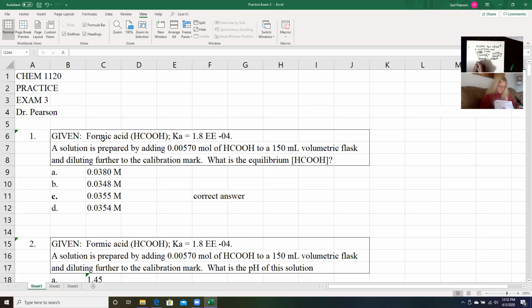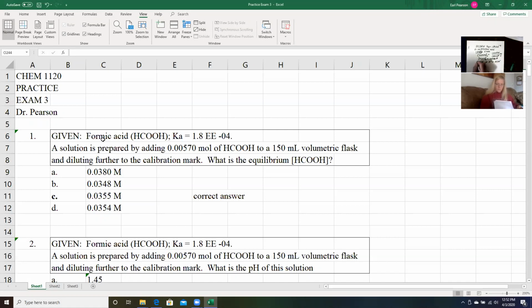What's going to happen is the HCOOH, formic acid, is going to dissociate to H plus and HCOO minus. This is the hydrogen that comes off, the one that's always attached to the oxygen. Okay, so that's the equilibrium that's going to be set up.